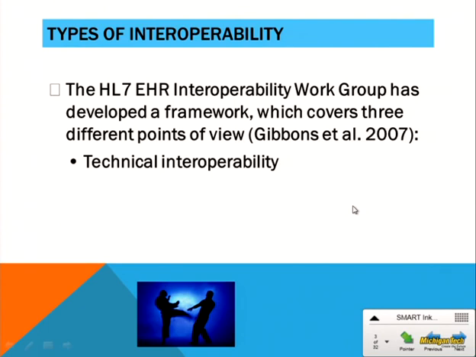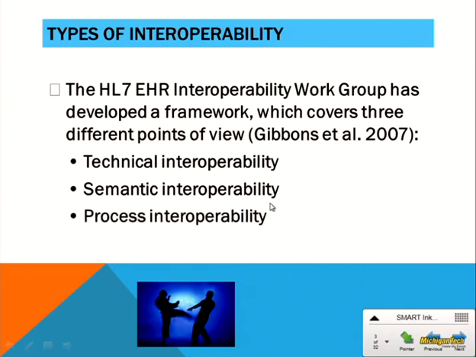The first type we call technical interoperability. The second one is called semantic interoperability. Then we also have process interoperability. So these are the 3 types of interoperability.